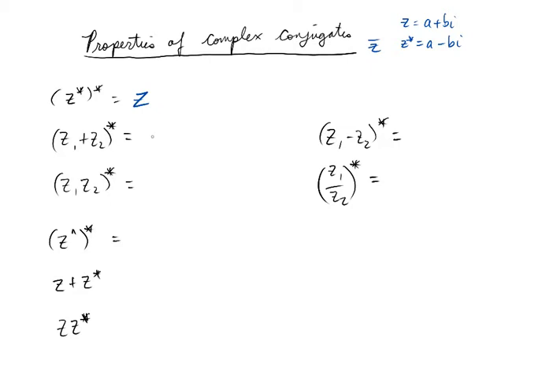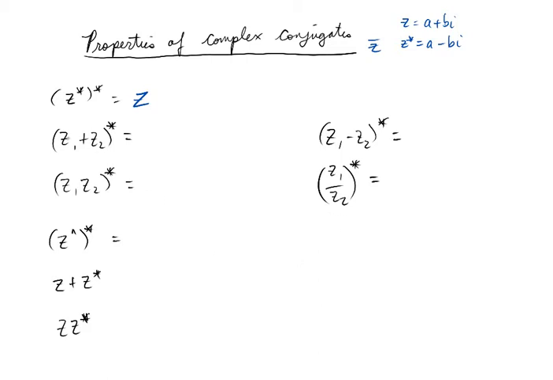If I have z1 plus z2, the sum of two complex numbers, and then I conjugate that, you will see, and I'm just going to give these rules to you, and your assignment will probably be to prove these.